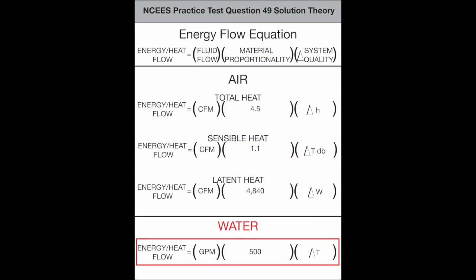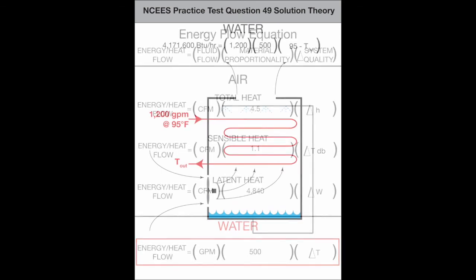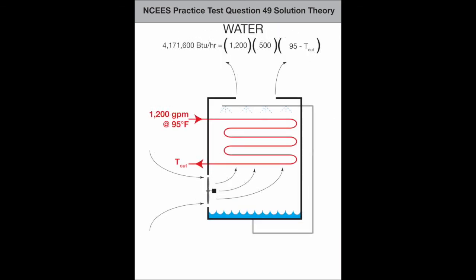Use the fourth energy flow equation from this list, which is the one for water, to determine the temperature difference. Take that delta T away from the entering water temperature to find exiting temperature. The solution is roughly 88 degrees Fahrenheit.